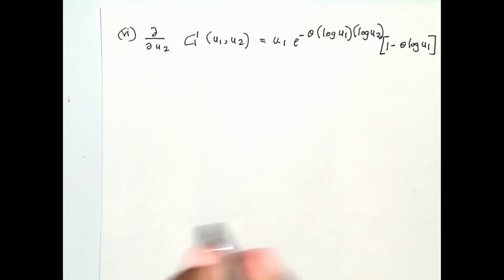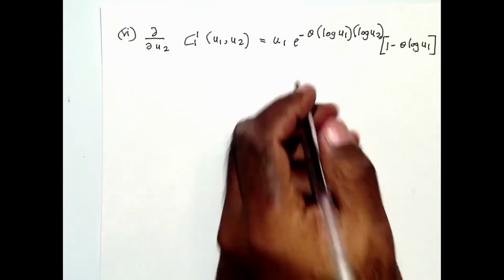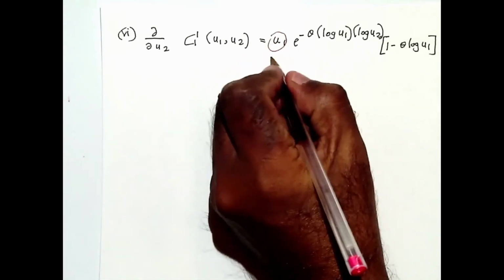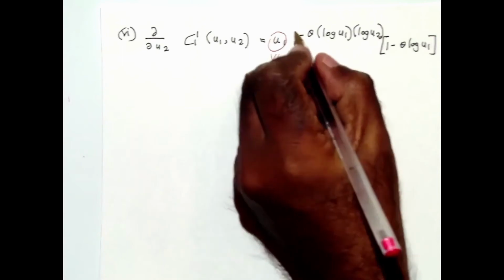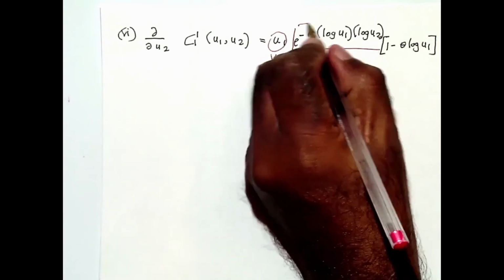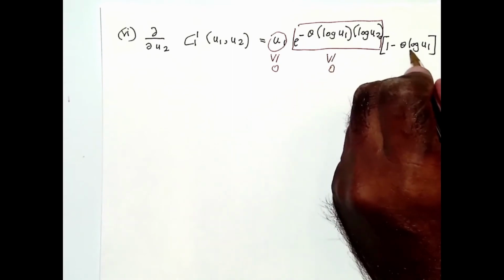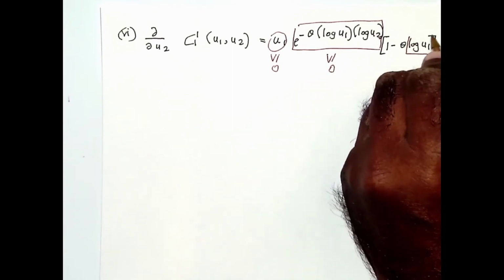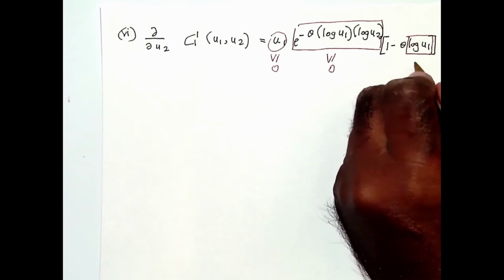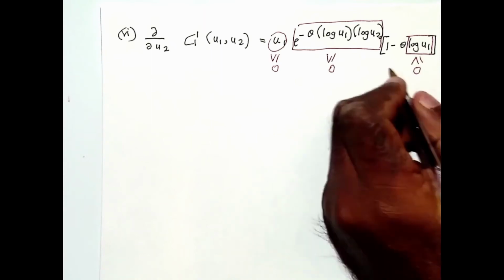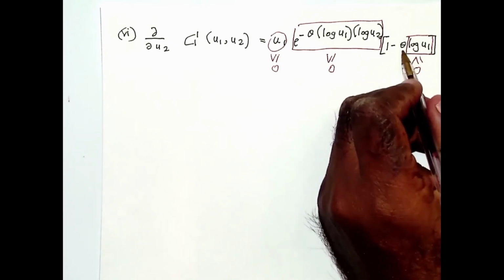Right? The argument is the same as in part 5. U1 by definition is non-negative. e to the power of anything has to be non-negative. Right? Now log of U1, because U1 is a number between 0 and 1, is less than or equal to 0. But theta is non-negative.